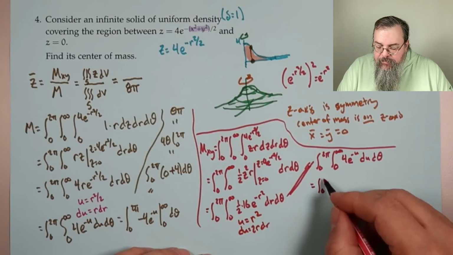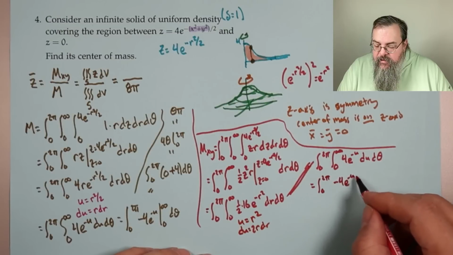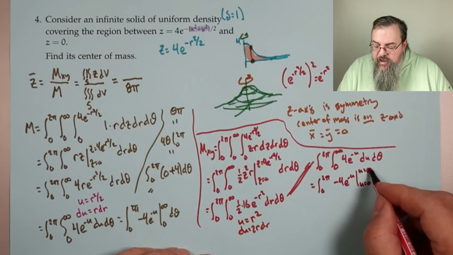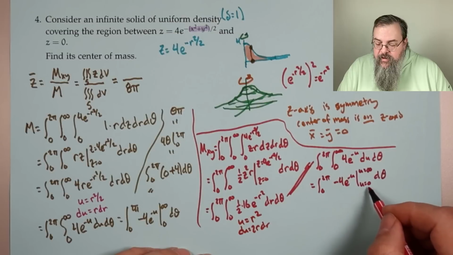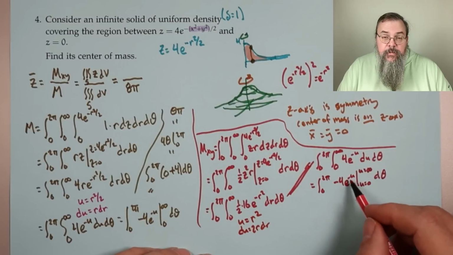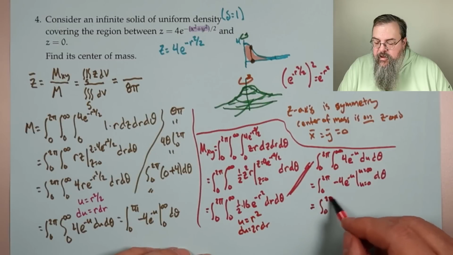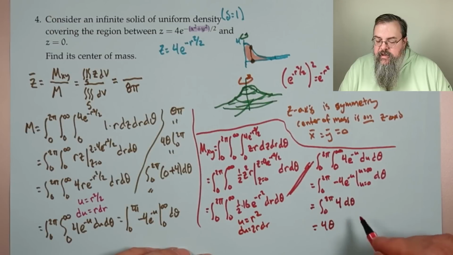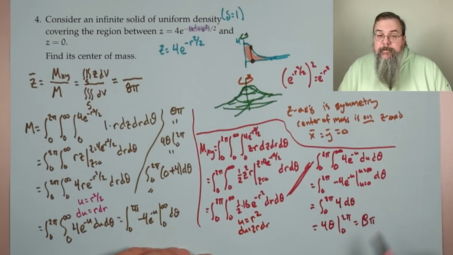So we integrate, and this will become minus 4 e to the minus u, evaluated u equals 0 to u equals infinity. When we plug in infinity, we get 0. Plug in 0, we get e to the 0 is 1, so we get minus 4. So it's really 0 minus 4, which just becomes 0 plus 4. That's really 4 theta, evaluated from 0 to 2 pi, which is 8 pi.